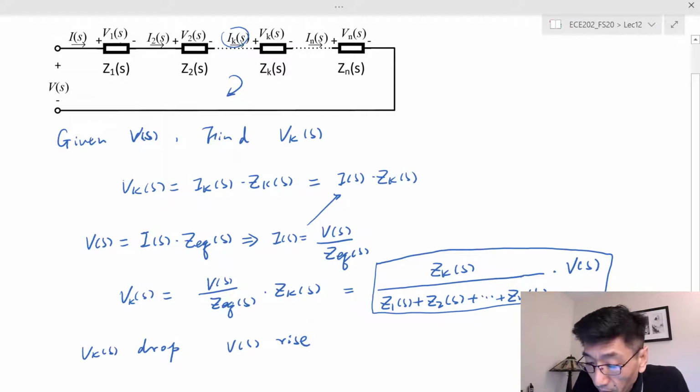Here all the voltages we labeled in the opposite direction of the source voltage.